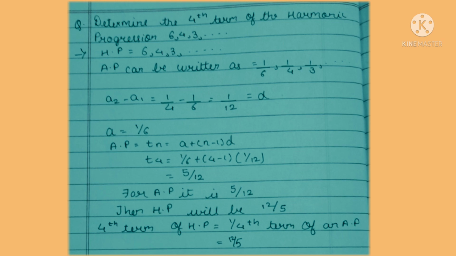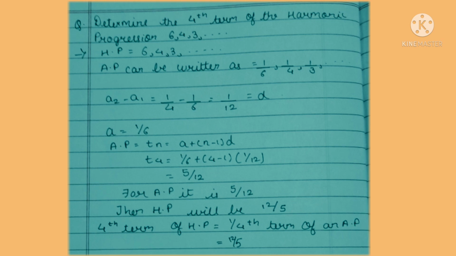Since the question is given in HP, for the AP we need to take the reciprocal of each term. So 6 becomes 1 by 6, 4 becomes 1 by 4, and 3 becomes 1 by 3. As per the AP, the procedure is absolutely the same.